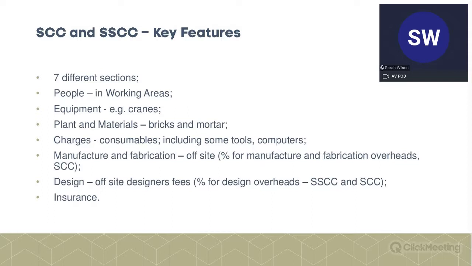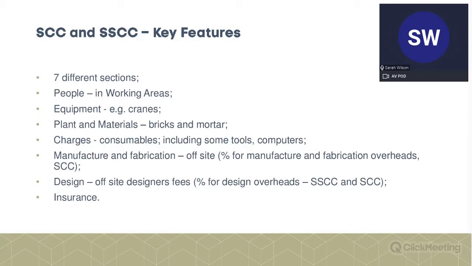So turning now to the schedule of cost components and the shorter schedule of cost components. As I said, the schedule is about 3 pages, the shorter schedule is about 2 pages. What is quite nice and simple with regard to both is that they are separated into 7 fairly clear, easy to understand sections.